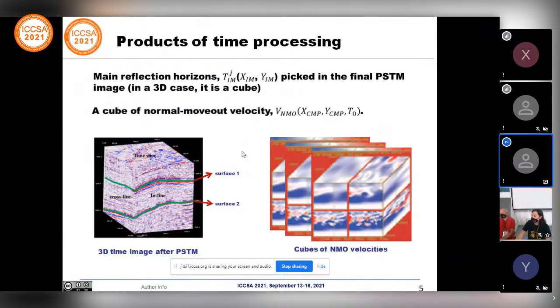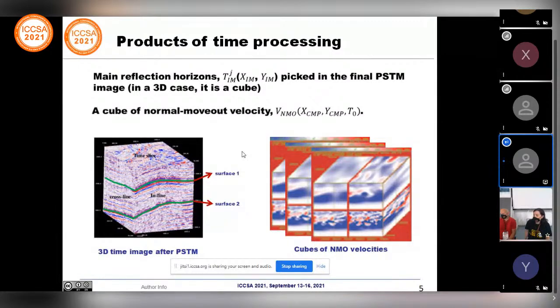Depth imaging is always performed at a later stage of the seismic data processing workflow. Before depth imaging, time images of the target area are constructed using so-called pre-stack time migration. I don't want to go into details. These images are used for preliminary interpretation.